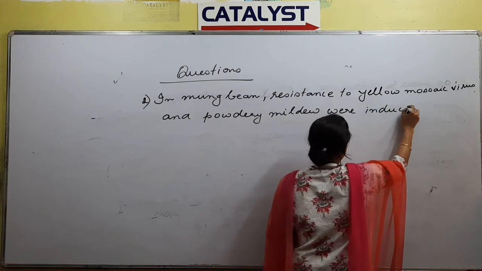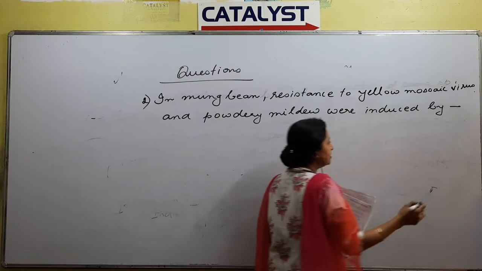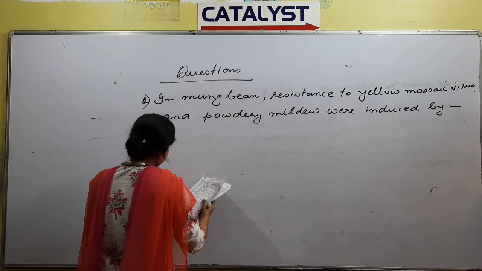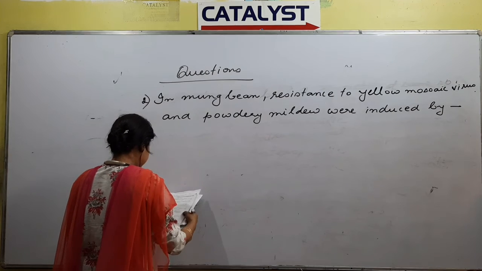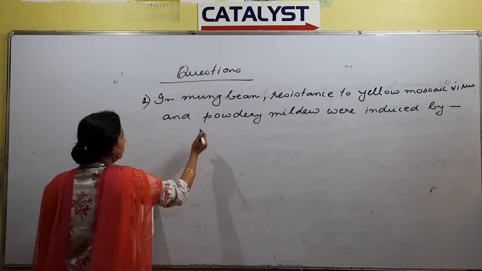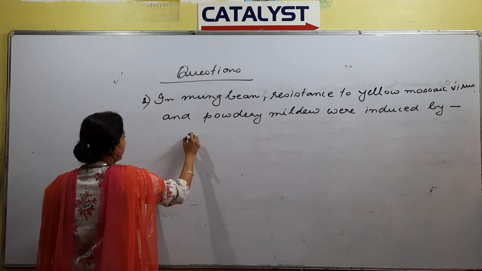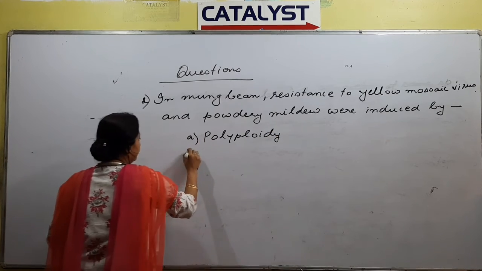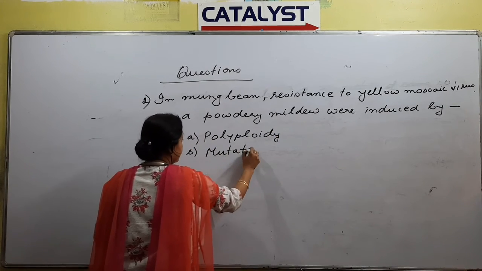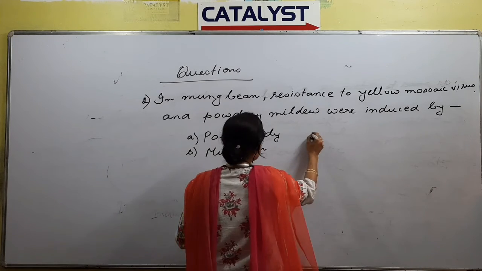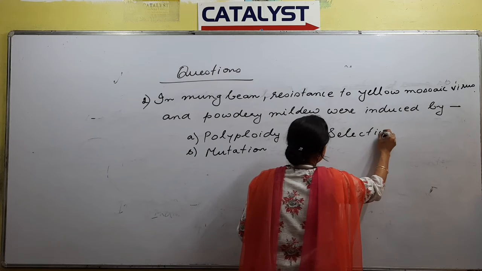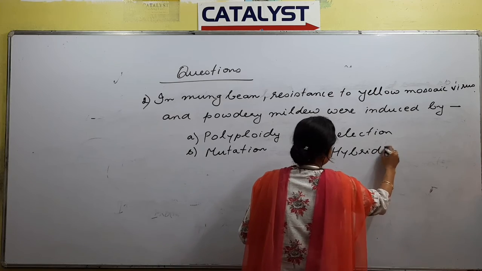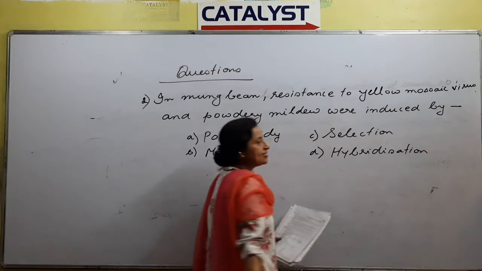So resistance to disease, generally it is induced in a plant with the help of which method? The options are A is polyploidy, B is mutation, C is selection, and D is hybridization. Right? So resistance to disease is generally brought about by mutation.